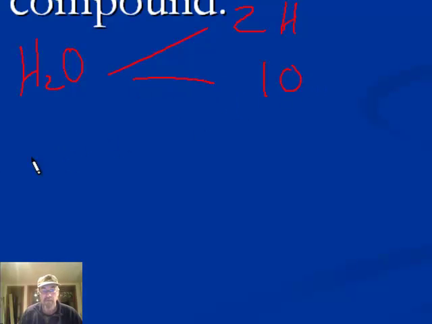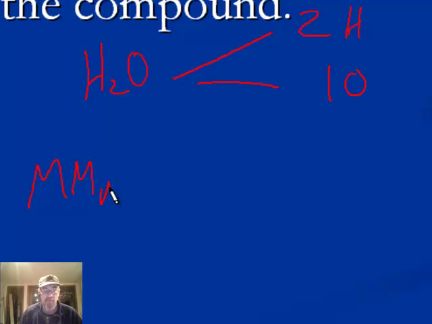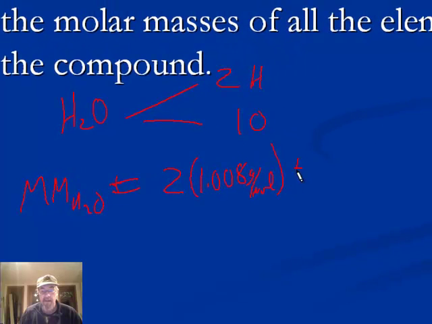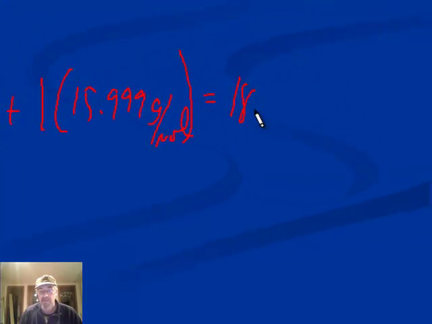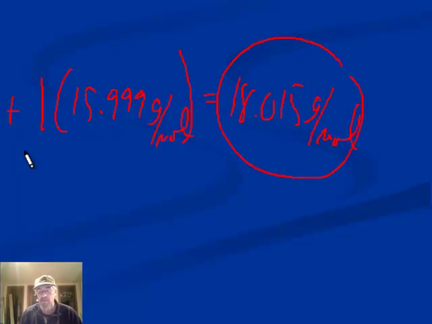So to find the molar mass of water, I would take 2 times the molar mass of hydrogen, which turns out to be 1.008 grams per mole, and I would add 1 times the molar mass of oxygen, which turns out to be 15.999 grams per mole, and that adds up to 18.015 grams per mole, and then we can use that to convert from grams to moles, just like we did for elements.